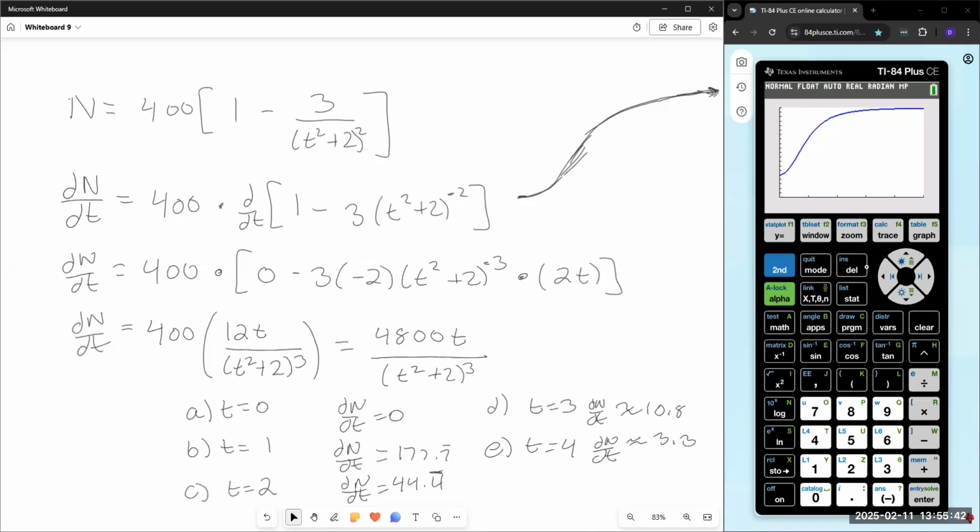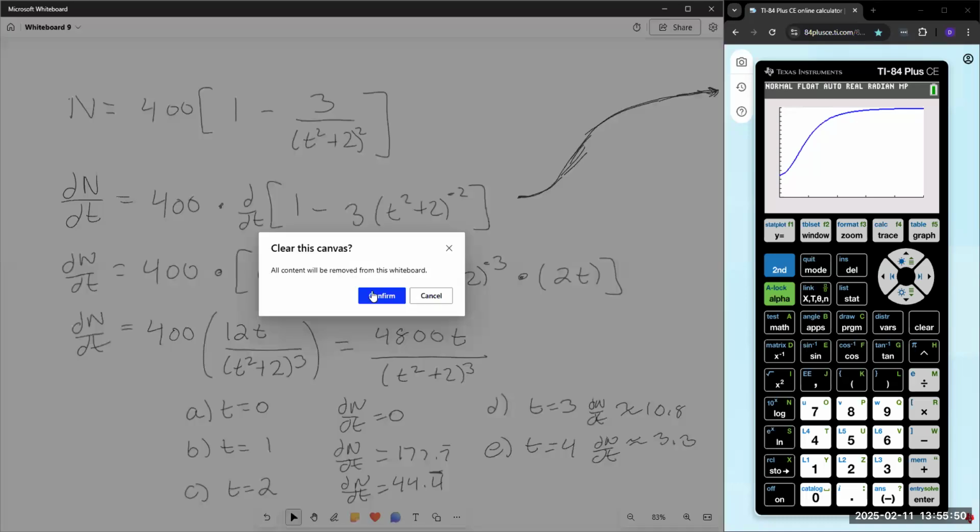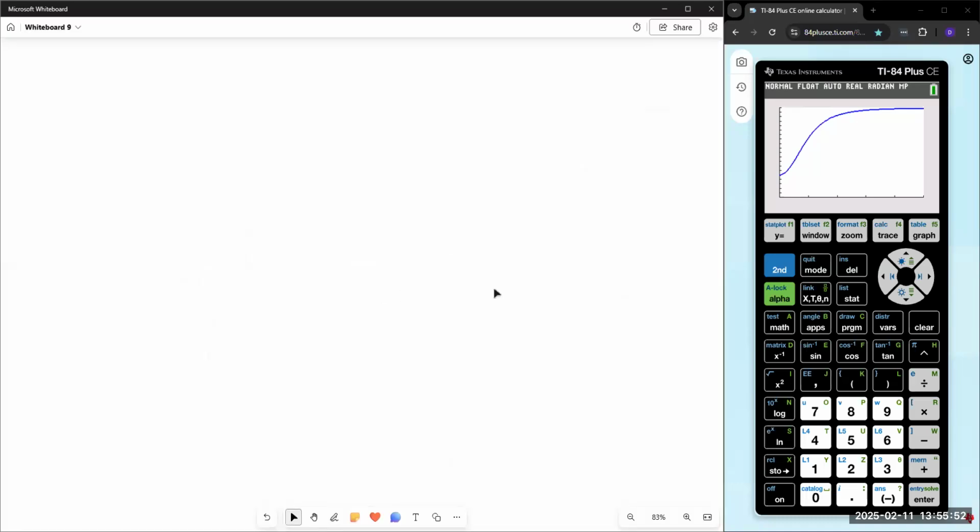Let's look at one more, and that would be number 71, which is about depreciation. We have the value V of a machine T years after it is purchased is inversely proportional to the square root of T plus 1.